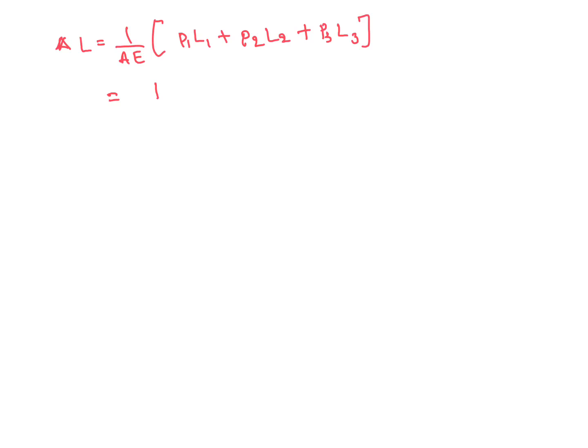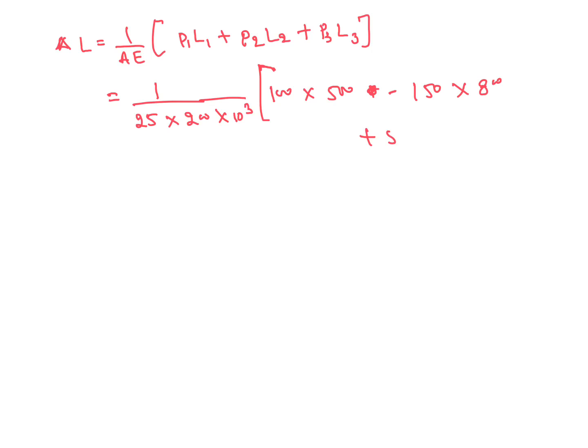Put the individual values: 25 into 200 into 10 to the power 3. Here 100 into 500 plus, this is compression, minus 150 into 800 plus 50 into 400.